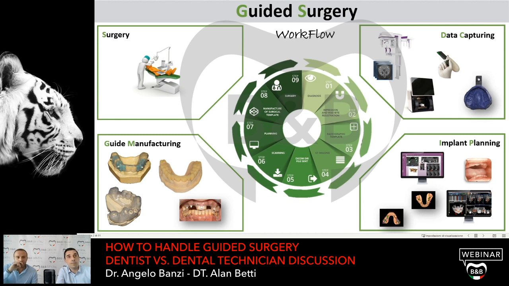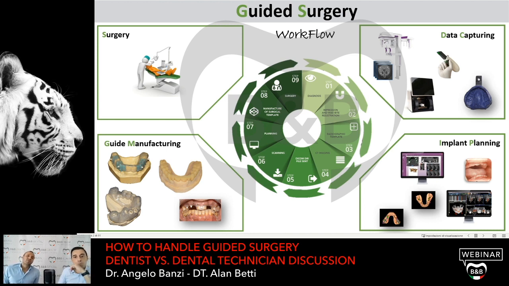Why? Because the guided technique can introduce error during these 9 operative steps. And errors in guided technique are cumulative. What does it mean? It means that error over error, you are going to get a final big error that is going to make you fail. It is going to be a failure of your prosthetic rehabilitation.